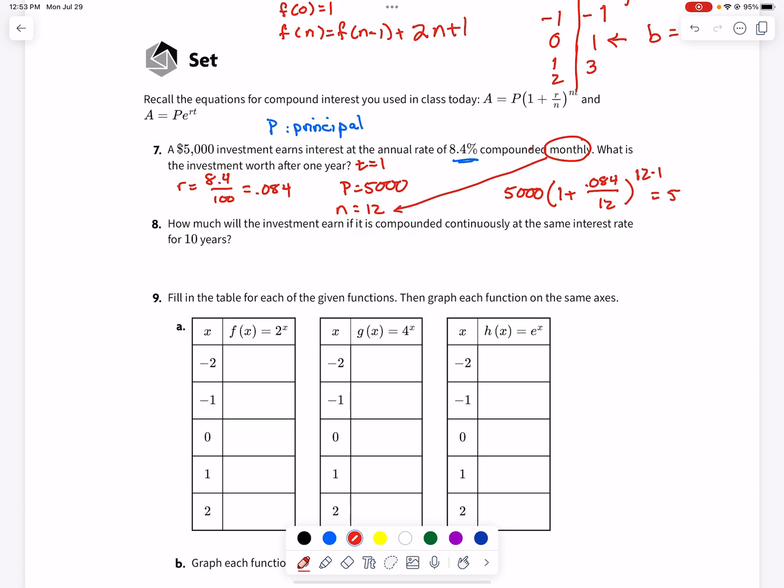Continuous compounding. It takes calculus to show why on earth e comes into it, but okay. So just a little note.